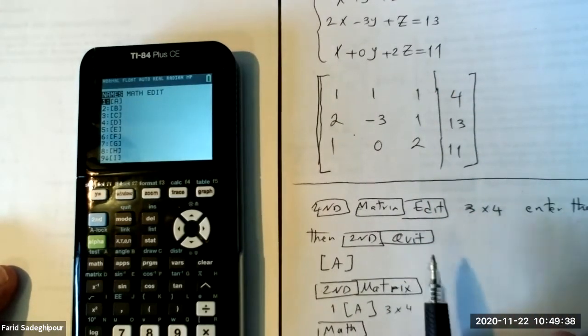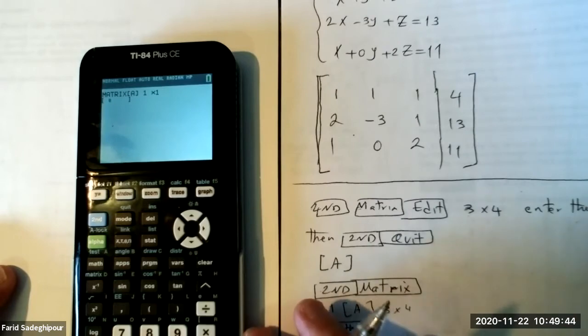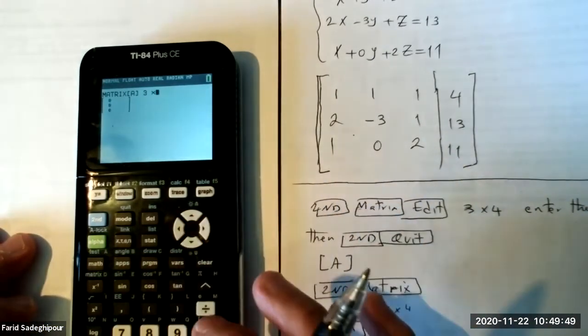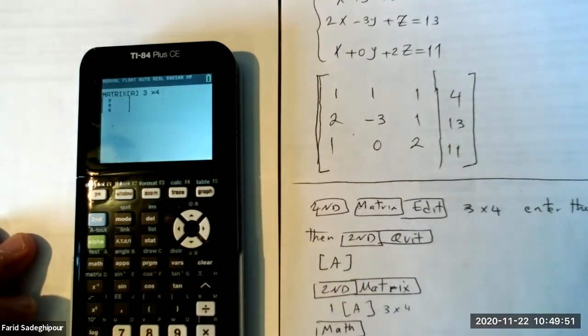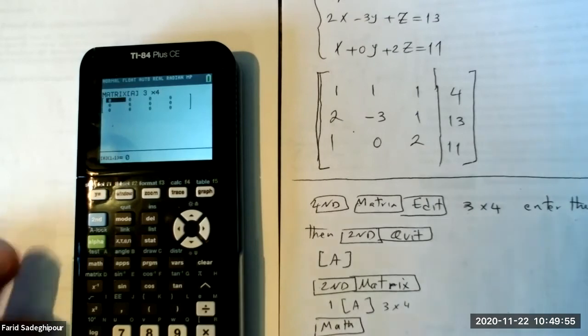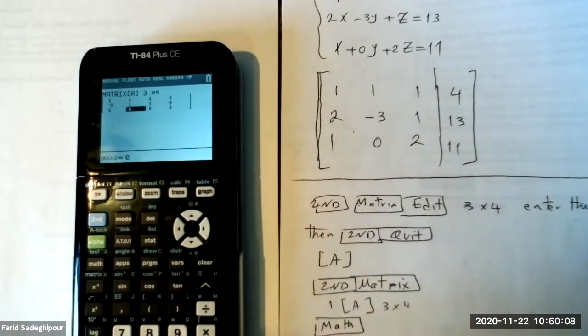So go to edit and put 3 by 4. When you do that, then enter. Now put the numbers. 1, enter, 1, enter, 1, enter, 2, enter, -3, enter, 1, enter, 1, enter, 0, enter, 2, enter.